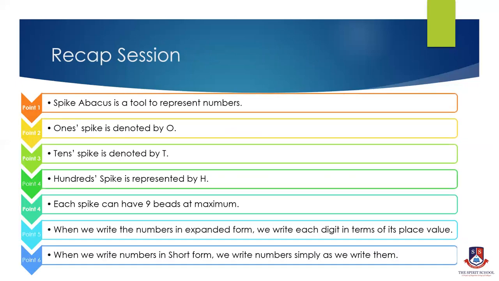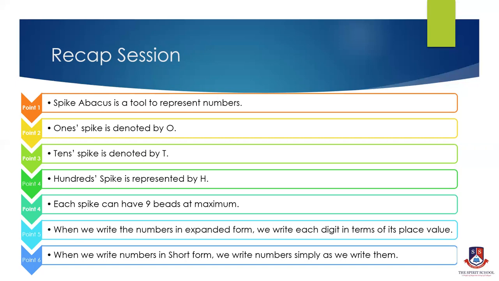Firstly, we have seen that the spike abacus is a tool that can be used to represent numbers, and it provides a better understanding to the students regarding the numbers, because it provides a visual understanding for a three-digit or two-digit number. Previously, we were using a two-digit number and using a two spike abacus to show that two-digit number. Here we have enhanced our understanding by including the place value of hundreds and including another spike.